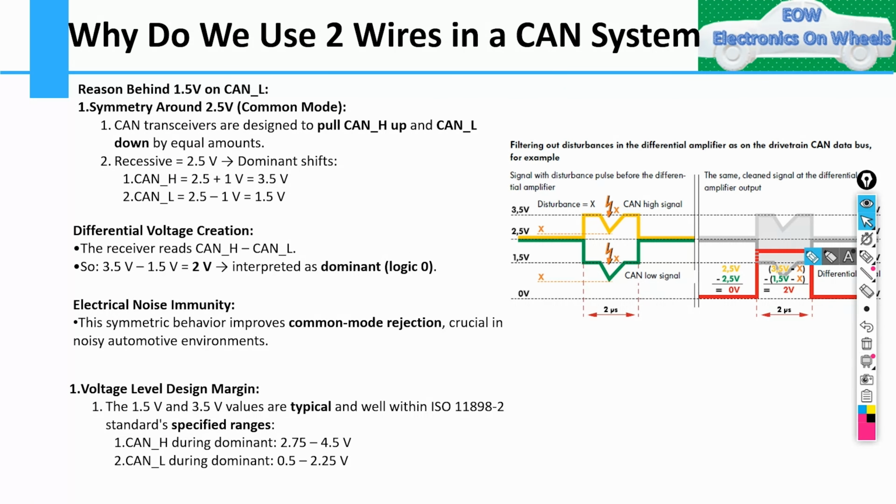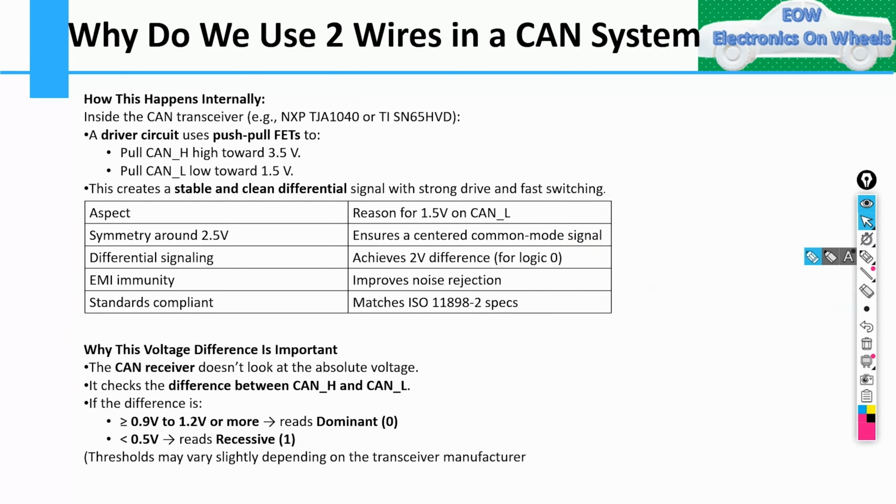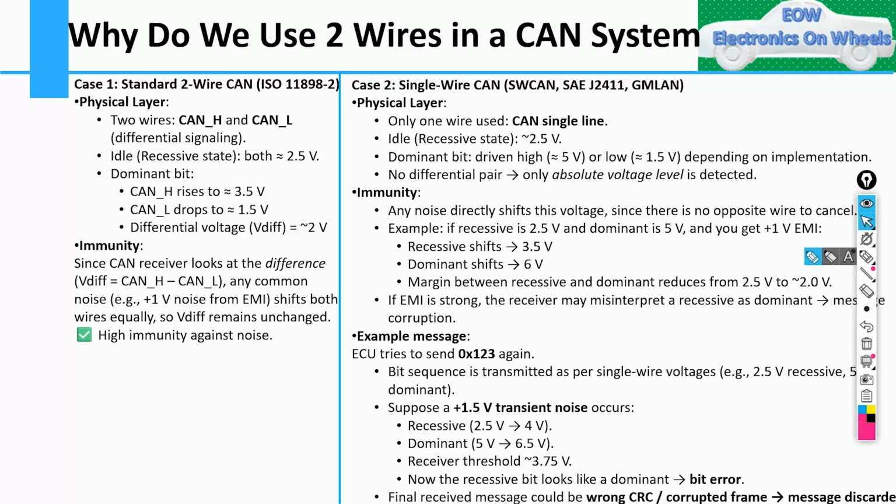I will discuss this later, the reason behind 1.5 volt and why we are using logic 0 for the dominant and why we are using 1 for the recessive. All these things we will see in another video, but let's first understand these two cases.